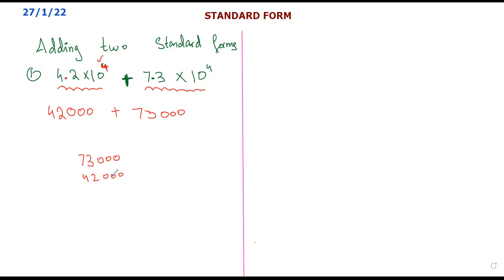Yes. No, okay. This becomes 11 lakh 5,000. Okay.